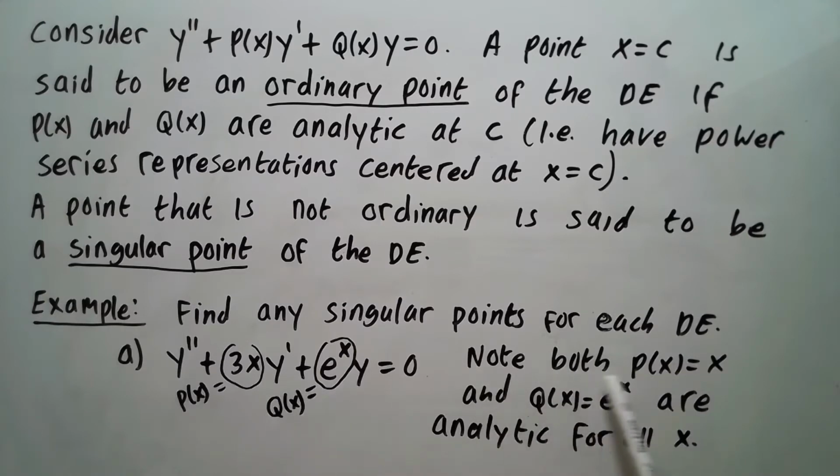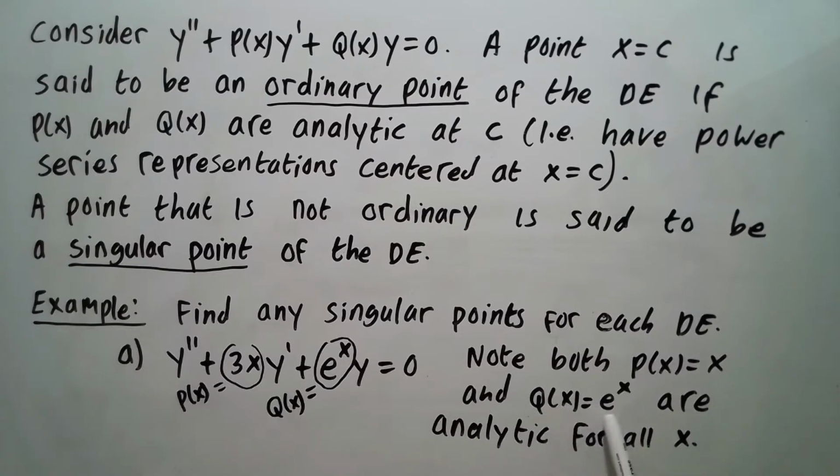So note both p of x equal to 3x and q of x equal to e to the x are analytic for all x. Well, polynomials are always going to be analytic. So p of x is just a polynomial, so automatically we can consider it as a power series.